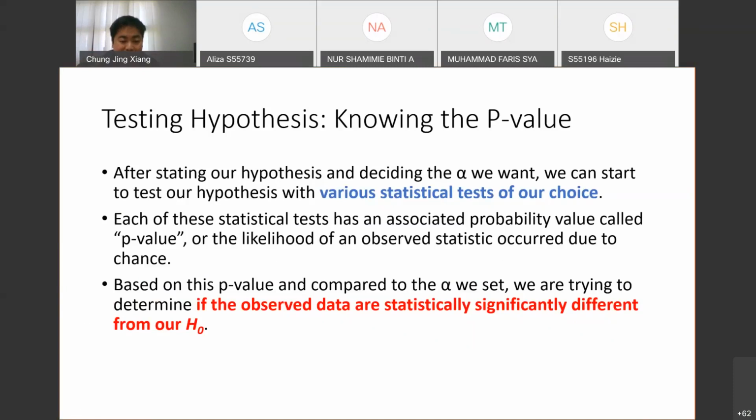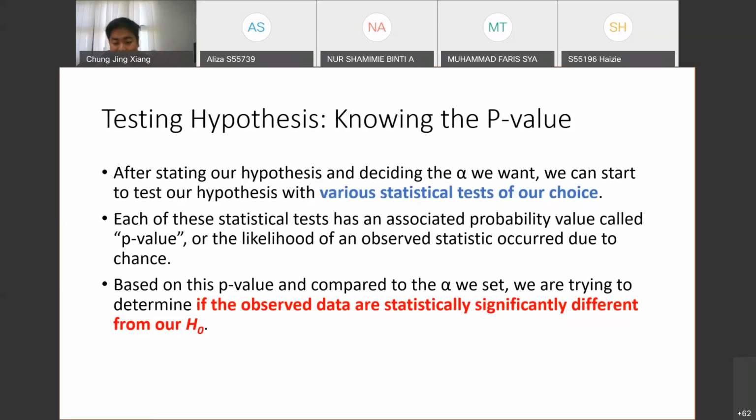So what is actually the p-value? The p-value is the probability value associated with your statistical test, or the likelihood that the observed statistic you calculated occurred by chance. How likely is it that the mean you calculated just happened by random? So this is the p-value. When you conduct a statistical test, it will give you a p-value.